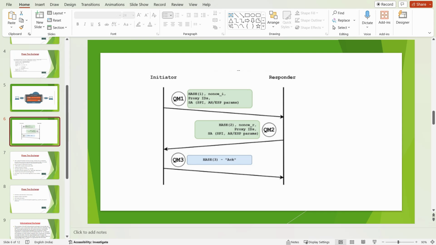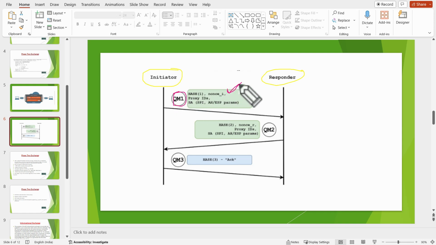So let's move forward. This is another packet I have taken, where this is the initiator and this is the responder. They are in quick mode, so they will send the first quick mode message. This is packet 1, or message 1.